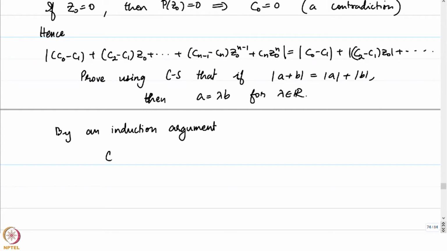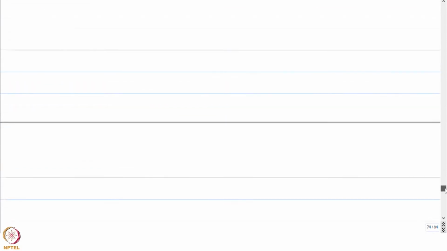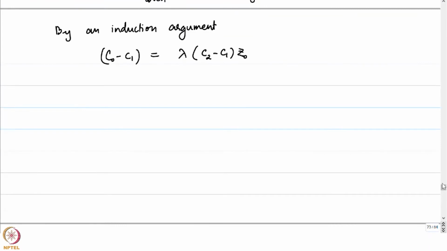We have that C0 minus C1 is equal to lambda times (C2 minus C1) times z naught. In fact, each of them you can write as a scalar multiple, where lambda is some real number.